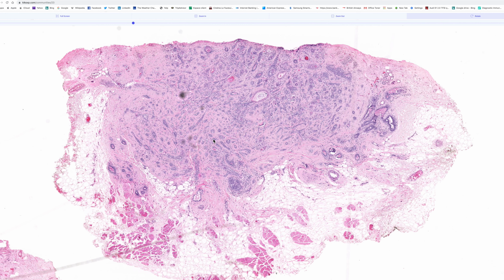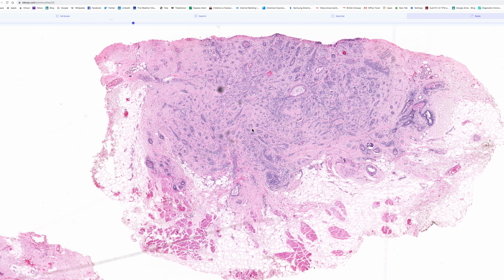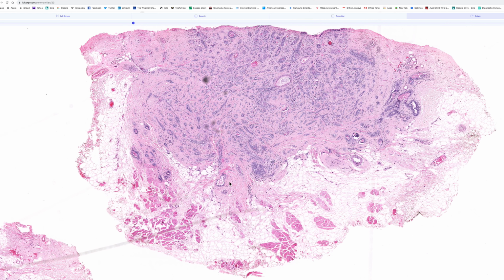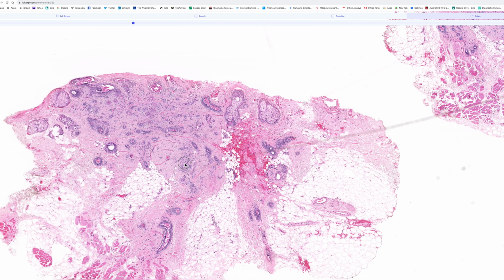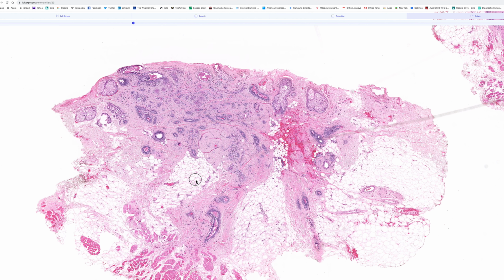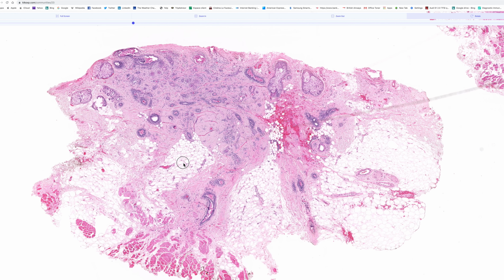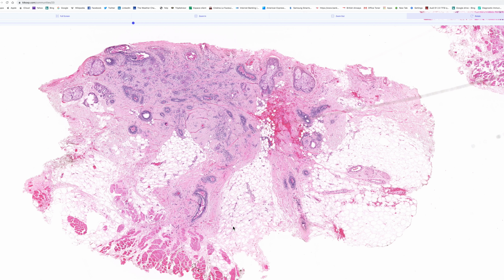Now, the important thing to do with microcystic adnexal carcinoma is to search for perineural infiltration. And I've looked very carefully at both these pieces of tissue and cannot find any evidence of it. That doesn't mean it's not present, it just means that we haven't seen it yet.